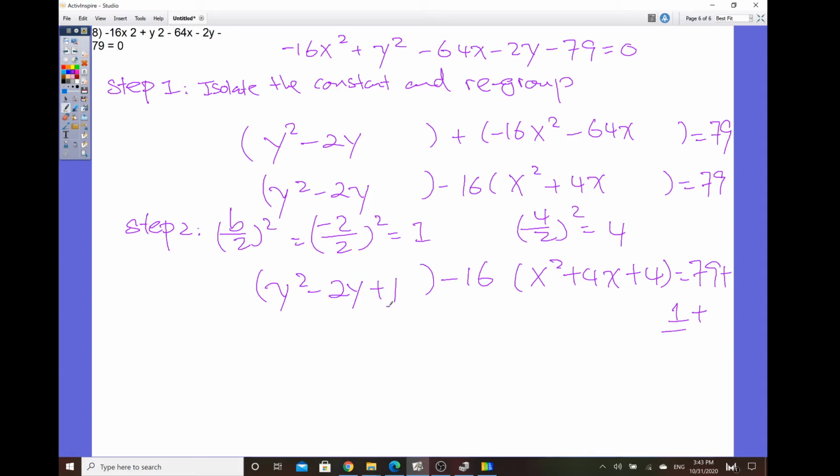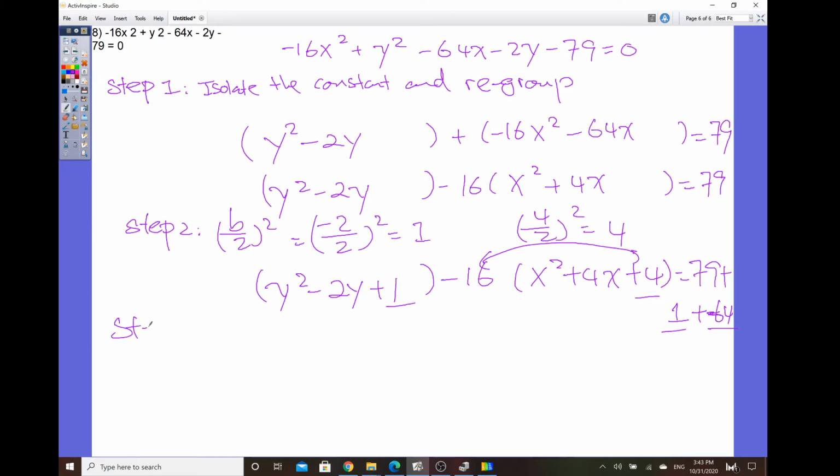And what about the second group? It looks like we're adding 4 here, but actually we're adding negative 64, the product of negative 16 and 4. So negative 64 on the right hand side.